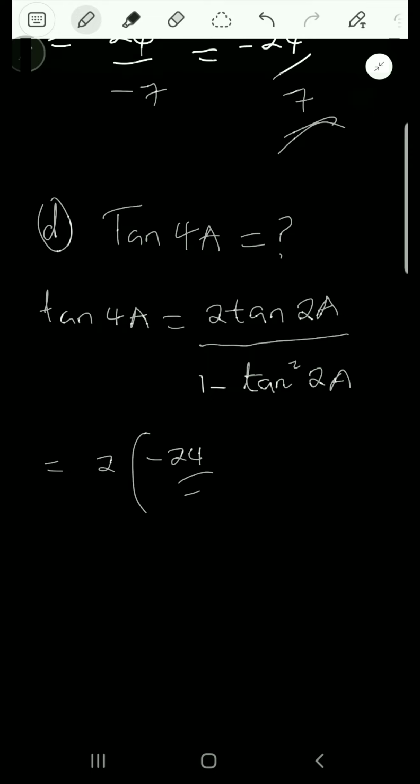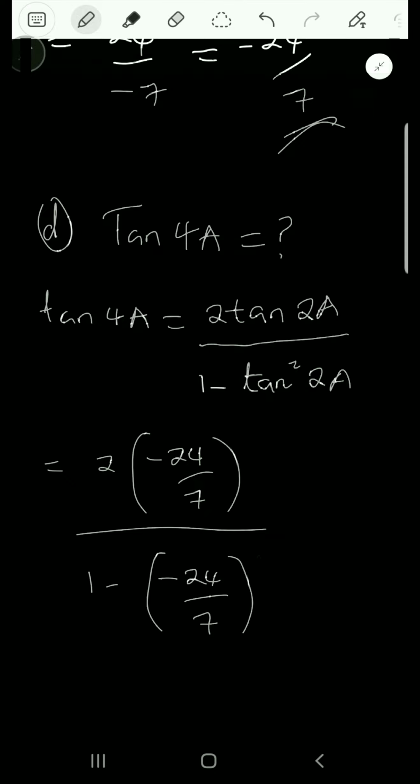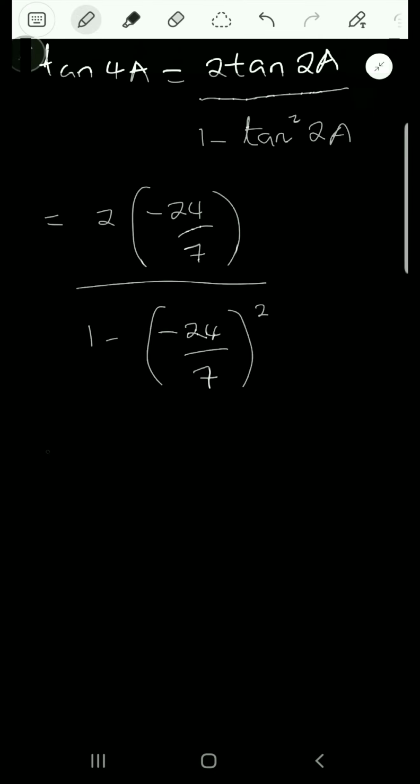There we substitute with negative 24/7, which is tan 2A, over 1 minus negative 24/7, which has to be squared. Upon evaluating the part on top, this gives us negative 48/7.